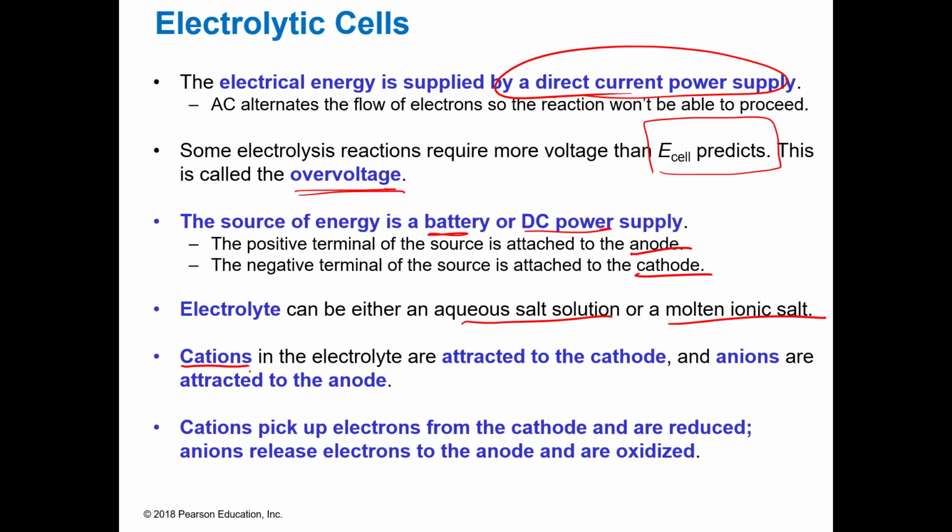Cations are attracted to the cathode, and anions are attracted to the anode. The cations pick up electrons from the cathode and are reduced, and the anions release their electrons at the anode and are oxidized. So you can still use your definition: anode is where oxidation occurs and cathode is where reduction occurs.